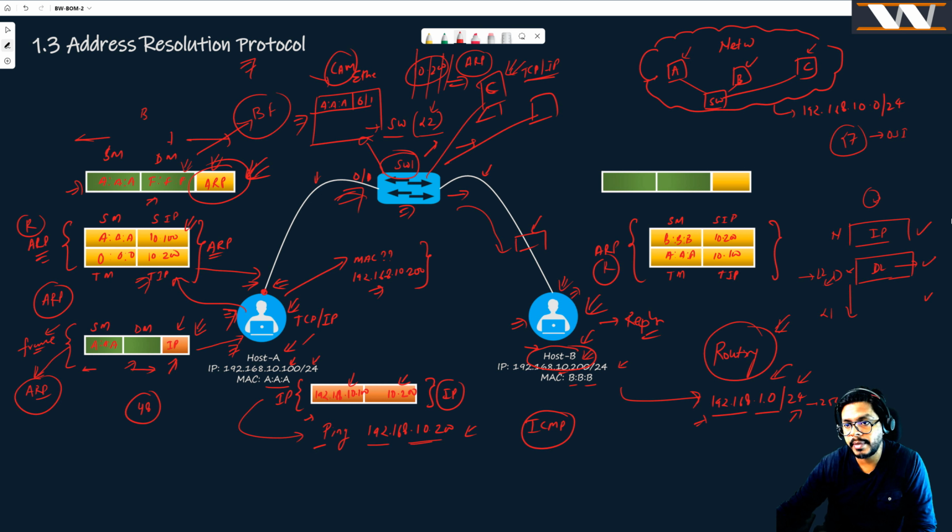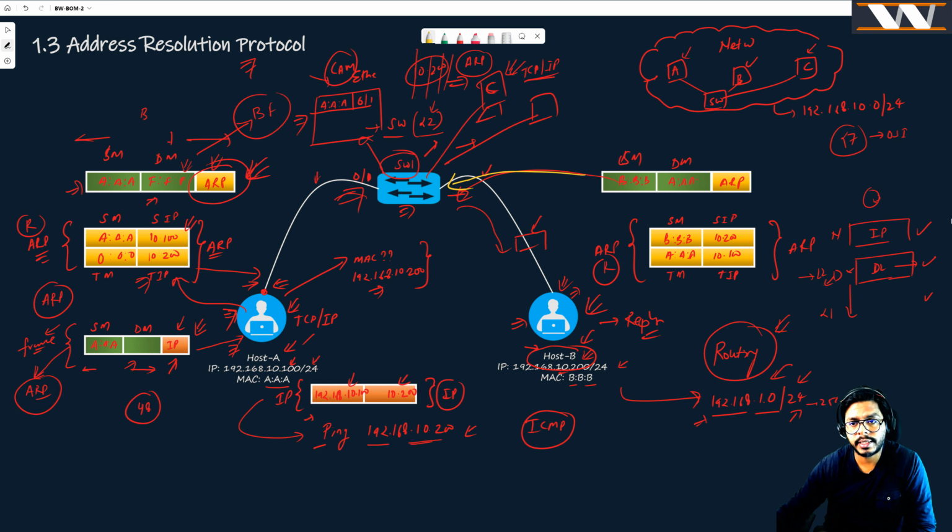Now this is the ARP message. You cannot send an ARP message unless you have the source MAC and destination MAC. So the source MAC is this one, the destination MAC is this one, and this message is the ARP message. Source MAC is going to be B:B:B, and destination MAC is going to be A:A:A. This message is going to be received by the switch here.